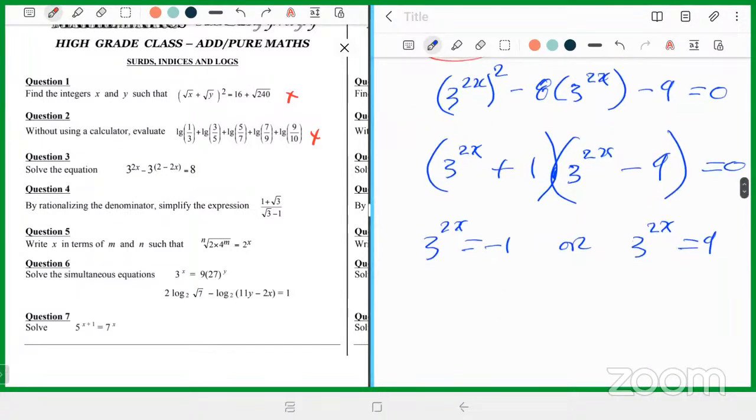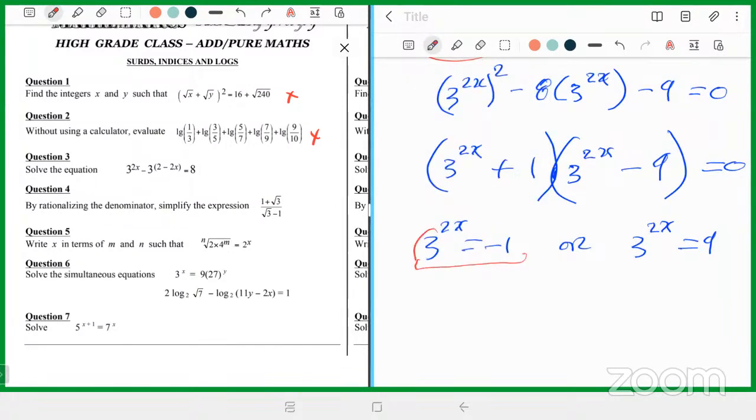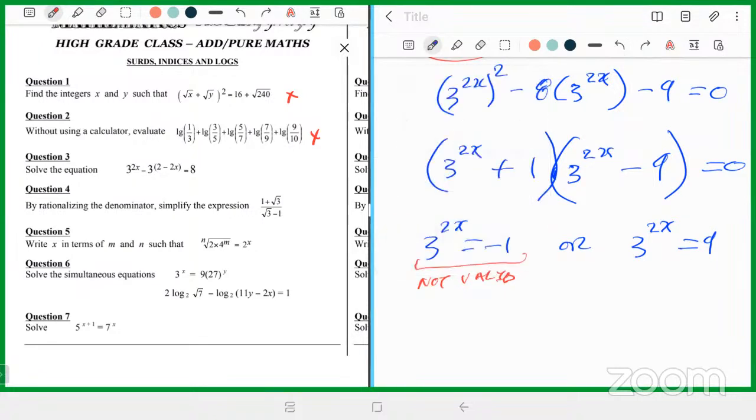This one is not valid, because a positive number raised to a power cannot be negative. Then 9 is the same as 3 squared, so we can write the same base on both sides. 3 to the 2x equals 3 squared, which means 2x equals 2. So x equals 1.